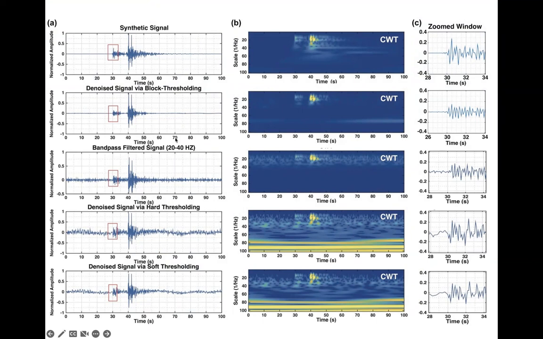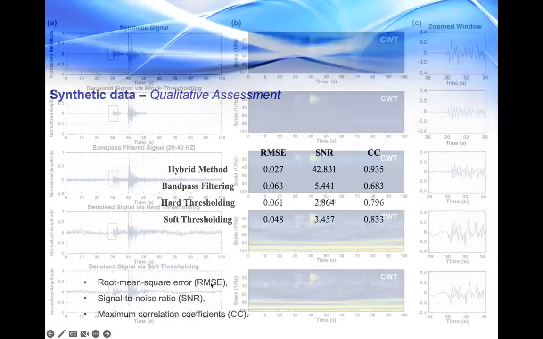Although there is some attenuation in both P and S coda, the waveform and the spectral elements of it have been preserved very well. The superior performance of our hybrid technique compared to the bandpass filtering, hard and soft thresholding is very clear from this plot.